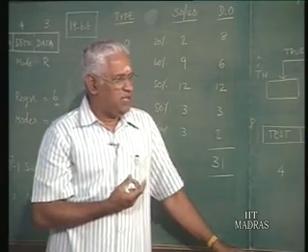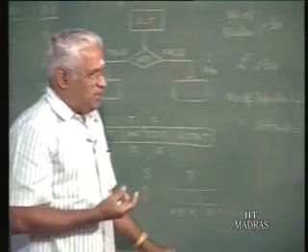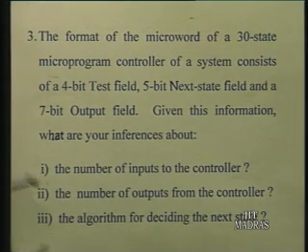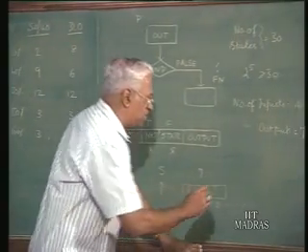So, what is the problem actually? It says what is the inference about the algorithm for deciding the next state. So, the algorithm must be somewhat like this. We can write the algorithm.